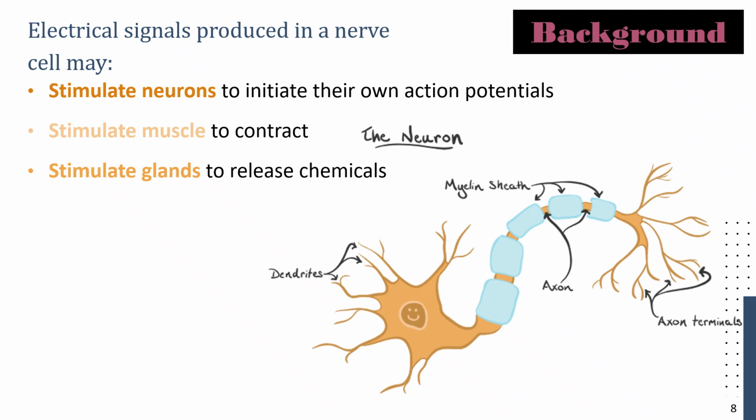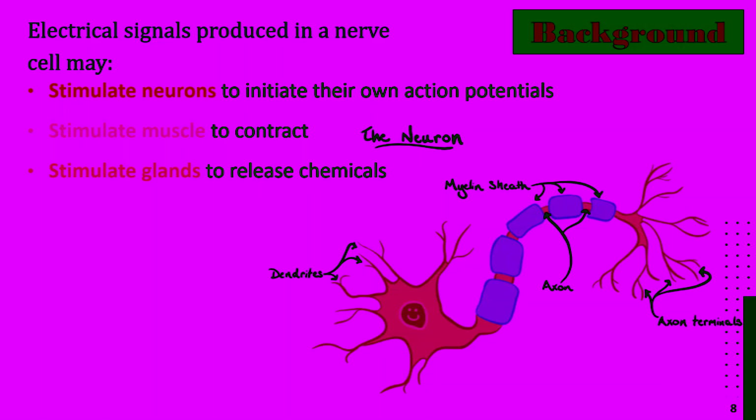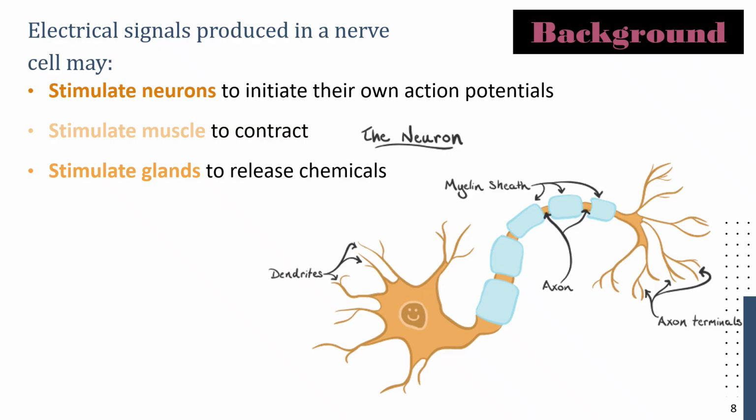So electrical signals in a nerve are used to stimulate other tissues. A nerve can actually initiate its own signal. So for example, your brain can initiate a signal without an external stimulus.